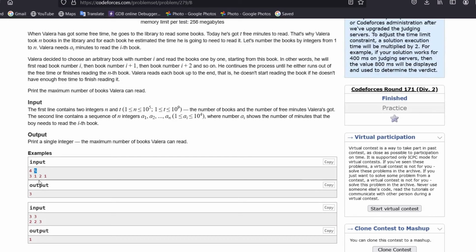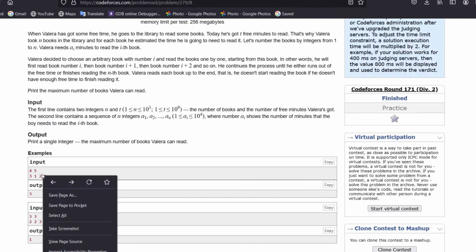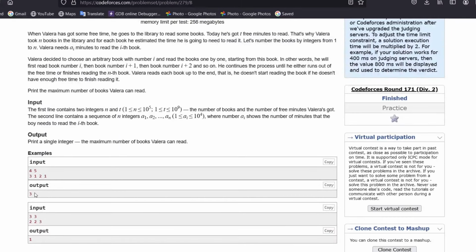So what the rule is, we have to read those number of books, but they have to be in a row. So for example, if I wanted to read 3 and 1, we will have 1 minute left. But I can't read further, even though we have this one over here. We have to go through 2 first, and that is above our limit. So to solve this case, we would have to take this one as our starting value, then go to 2, and then go to 1 again.